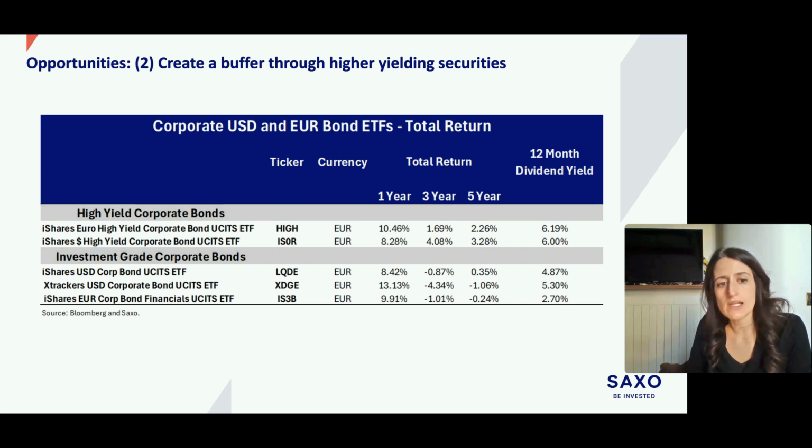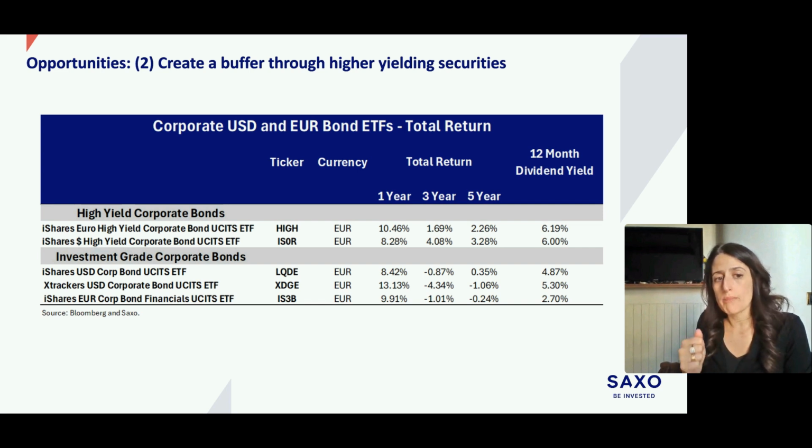Here is a list of high yield and investment grade corporate bonds. I just want to say that the best way to invest in corporate bonds in general is through ETFs, because this way one can get diversification and is not committed to one name only. Committing to one name only, especially in the junk bond space, requires a lot of bottom-up analysis.